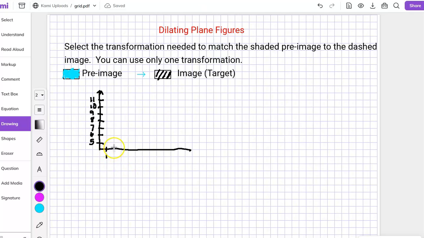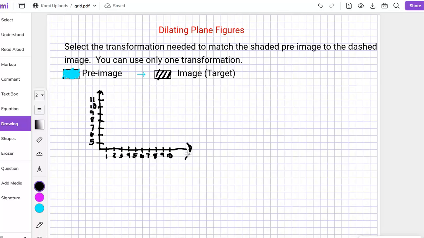So this is 1, 2, 3, 4, 5, 6, 7, 8, 9, 10. Okay, so go ahead and copy your coordinate plane. Our y values are going to be 11 down to 5. And then our x values are going to be 1 all the way to 10.